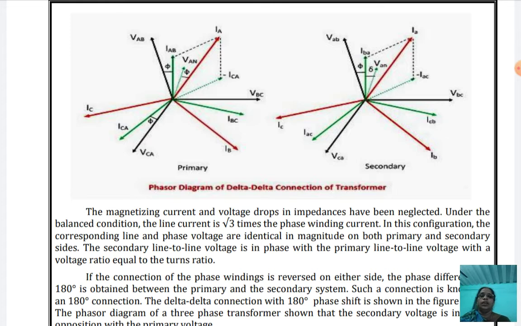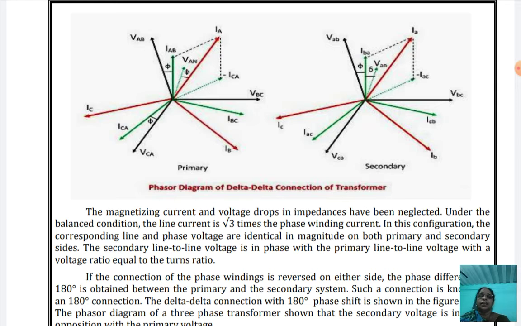Similarly for IA: IA is the vector sum of IAB minus ICA, because ICA lags behind the respective voltage VCA. So we have to extend ICA, denoted by minus ICA.